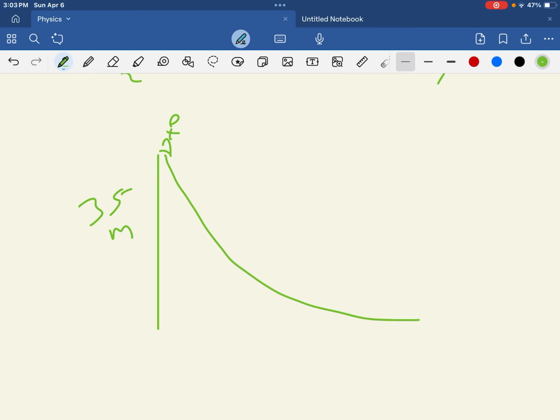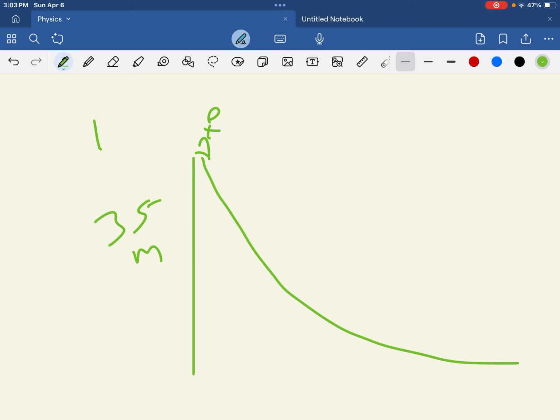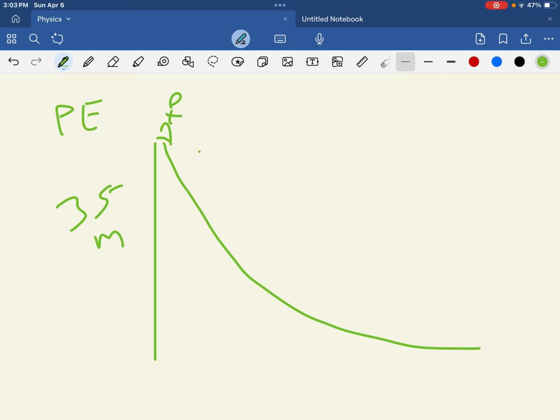Right now they're at their peak potential energy. So potential energy is high at the top, but then as they go down this ramp, their kinetic energy increases.